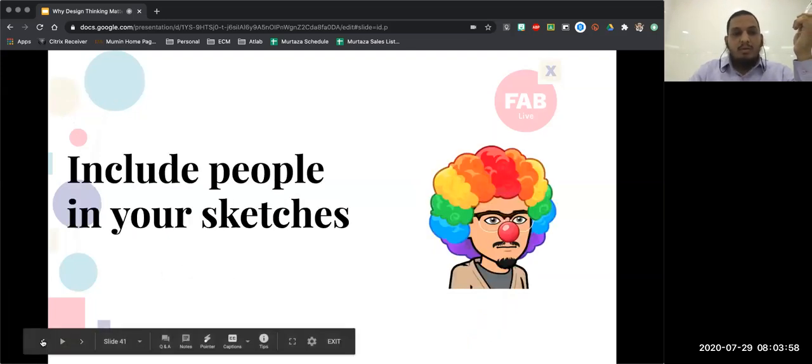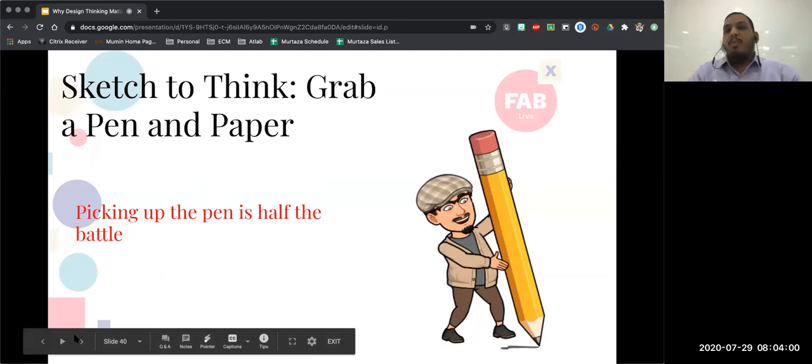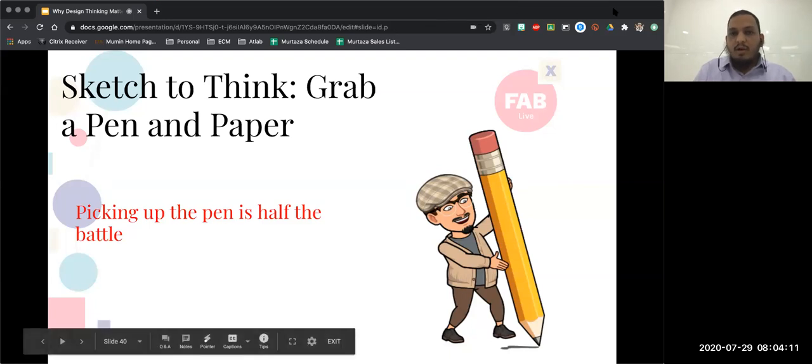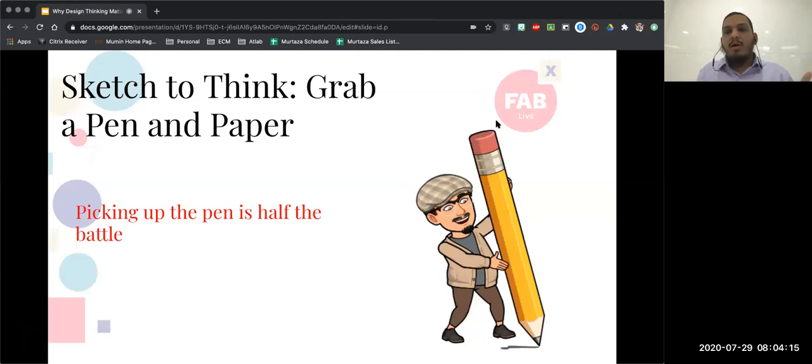Now, the first part I'm going to give you around 1.5 minutes, and I want you to draw a solution to the problem which you thought about. Okay, so if you have thought about say music and scissors, and your problem is about team meetings, what is your solution to that? So pick up a paper and the pen and draw a solution, and your time starts now. 90 seconds.